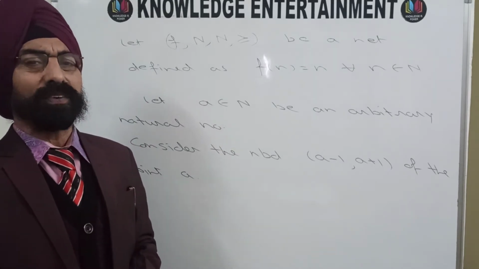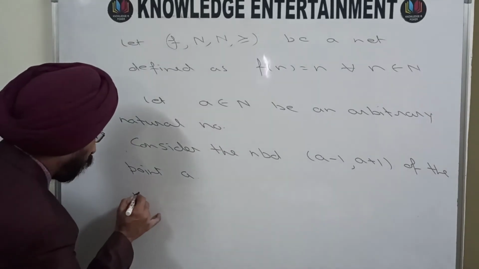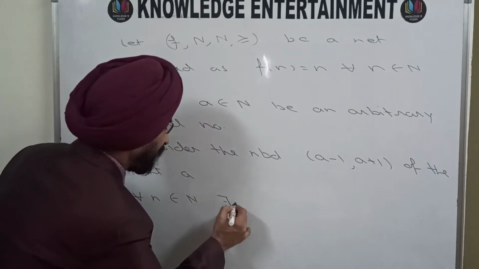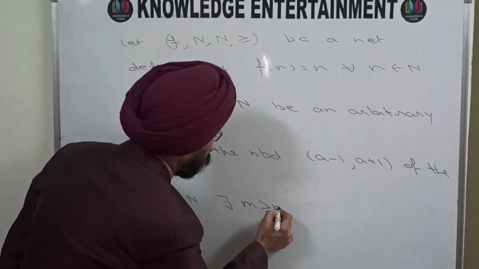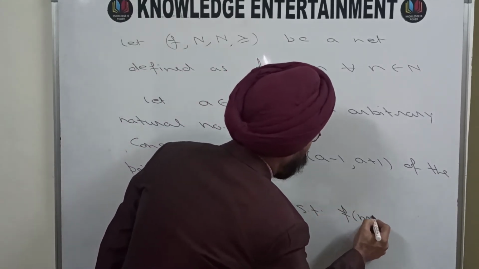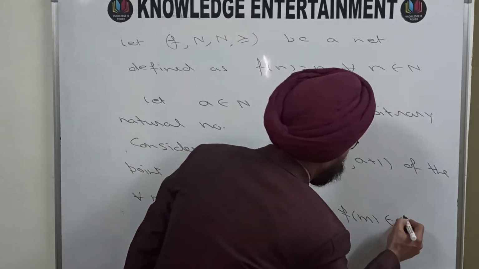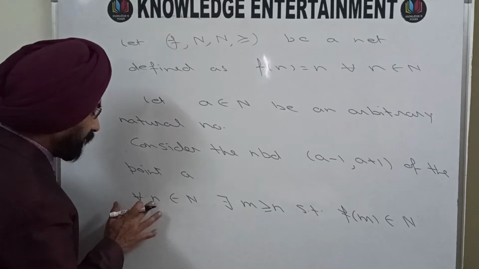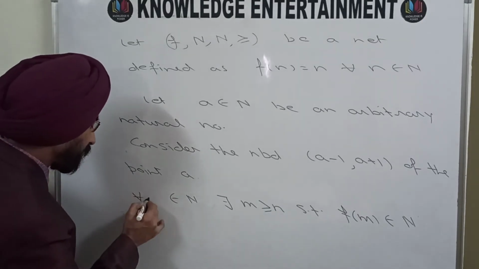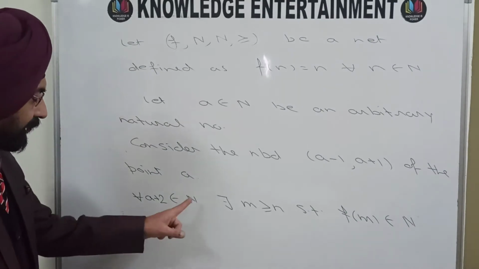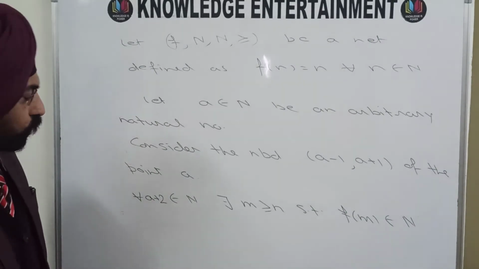Your definition of frequently says that for every n belonging to N, there exists some m greater than or equal to n, such that f(m), or you can say f_m, belongs to N. This is the definition. So just take your n as a plus 2. Take this natural number a plus 2.